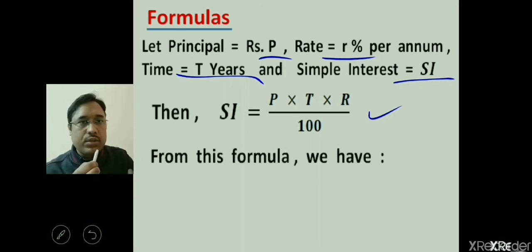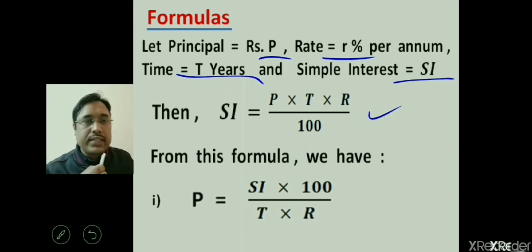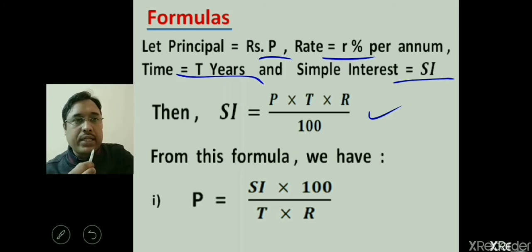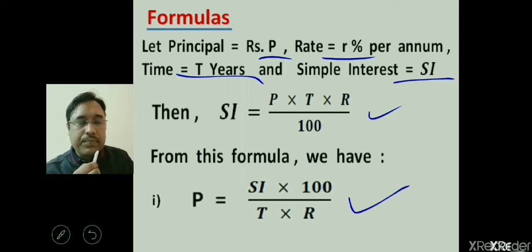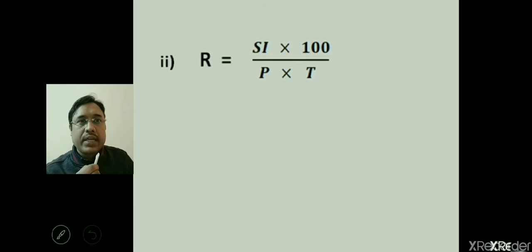Now from this formula we can make some more formulas. P equals SI into 100 by T into R, means SI into 100 by time into rate. We can find this formula from the first one by cross multiplication. The next formula is rate: R equals SI into 100 by P into T, means principal into time.